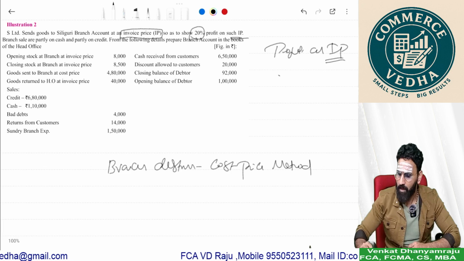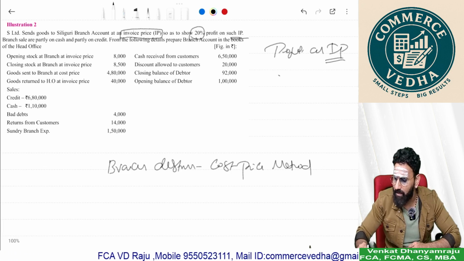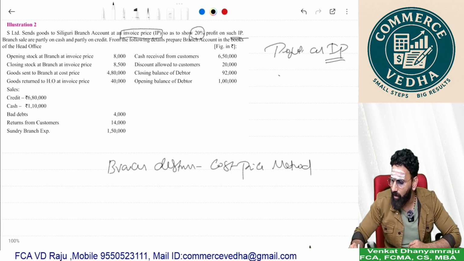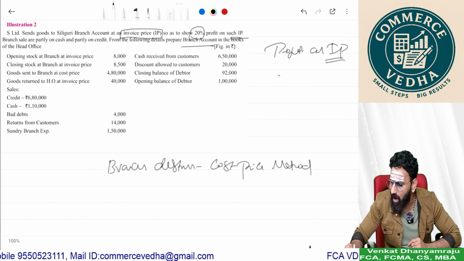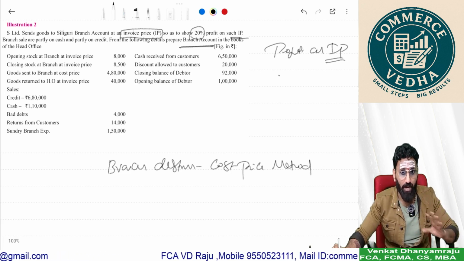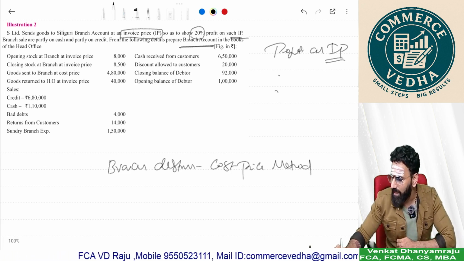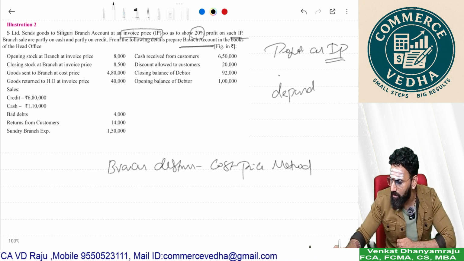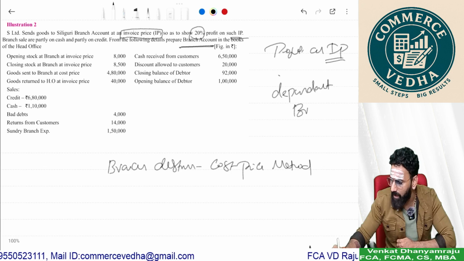Now, branch sales are partly on cash and partly on credit. From the following details, prepare branch account. If they say prepare branch account in the books of HO, it is very clear that it is a dependent branch.